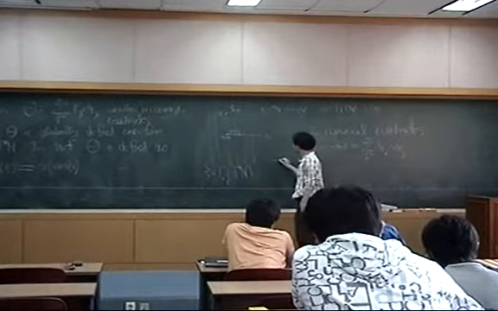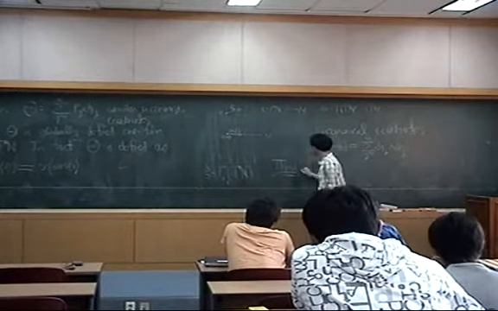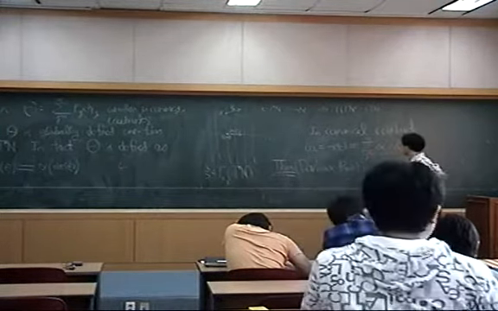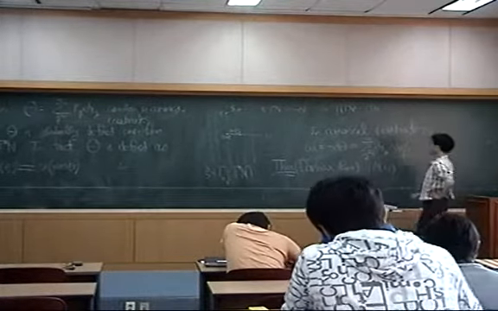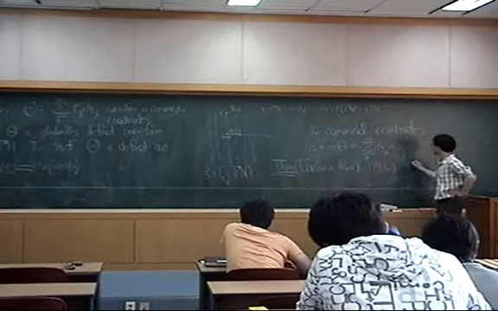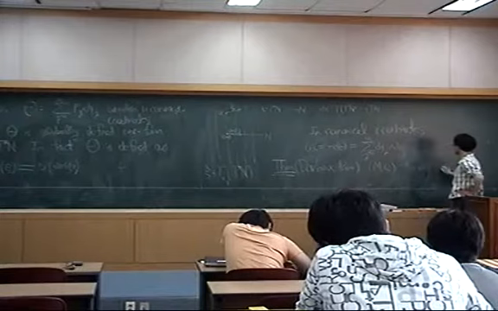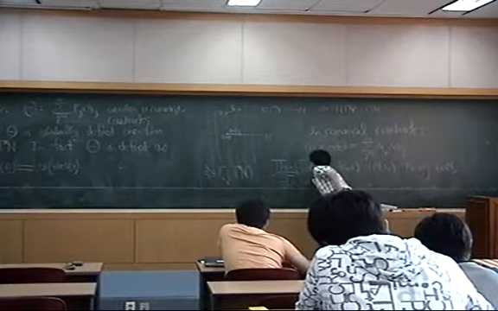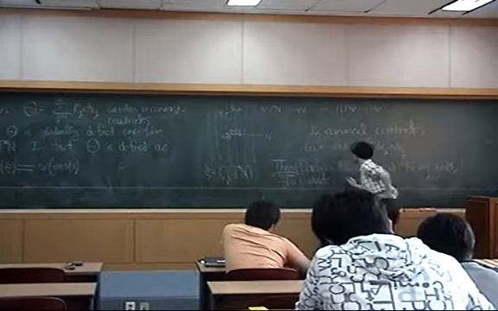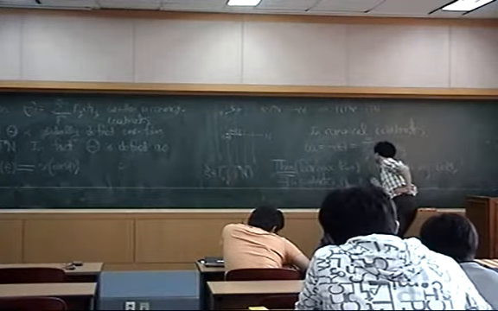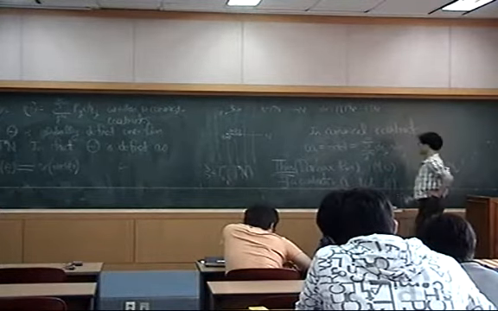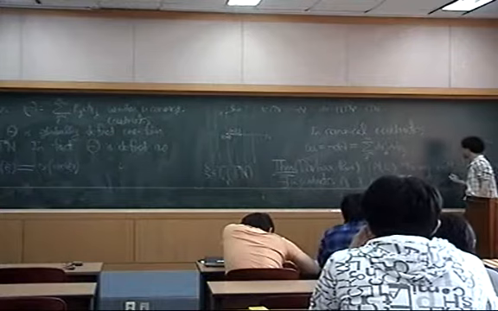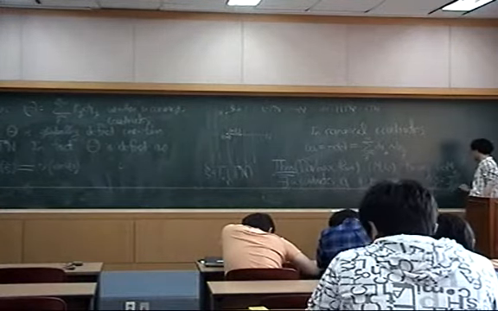In fact, the basic theorem in symplectic geometry is the so-called Darboux theorem. It says, for any symplectic manifold you are given, for any point x in M, there exists a coordinate q1, ..., qn, p1, ..., pn, such that this symplectic form can be written as this.